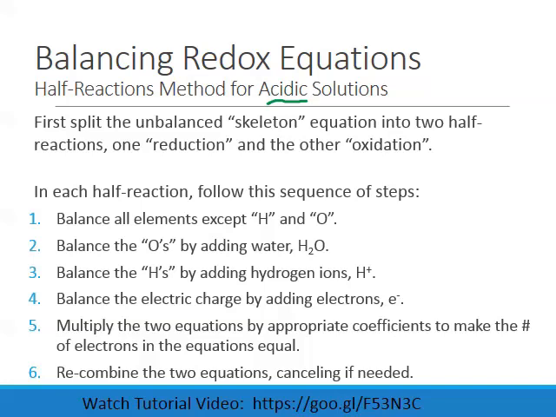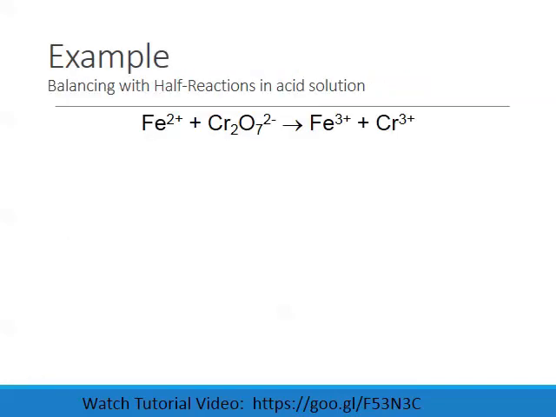All right, that probably sounds abstract and complicated. Let's take a look at a specific example. And as we do the example, it'd be good to have these steps right beside you. So here's an example of a skeleton equation. I can tell something's missing because there's oxygens on the left in the dichromate ion, but there's no oxygens at all on the right.